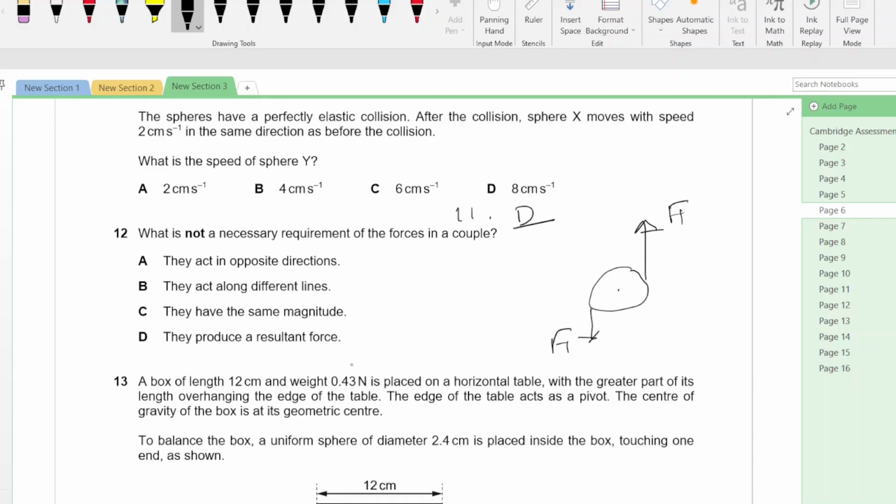This is the center of rotation. In this case, a resultant force not always being zero is a must. Therefore, D.